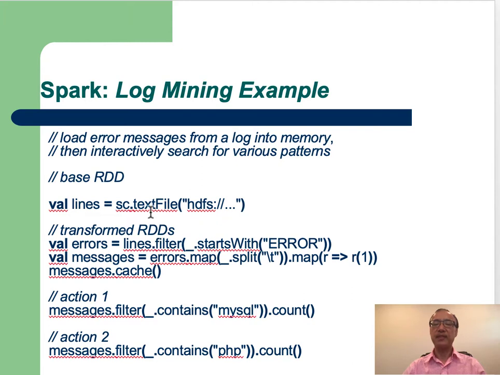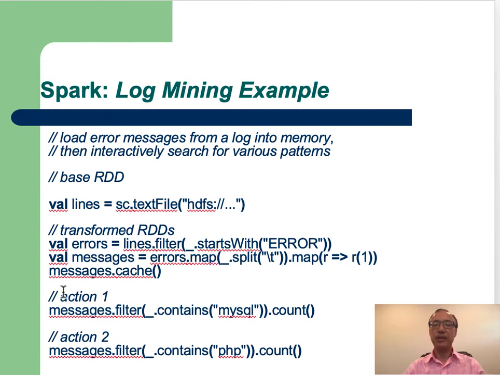That means we just filter out the lines that do not start with ERROR. So errors contains all the lines from this file that begin with ERROR. And messages is defined by splitting errors using the space. So that basically means we have the original base RDD here, and from this RDD we define two other RDDs.